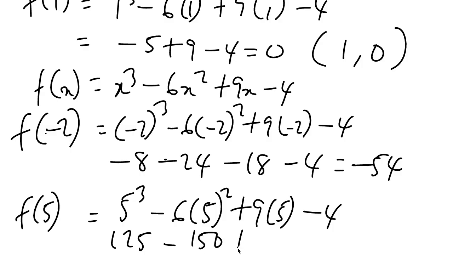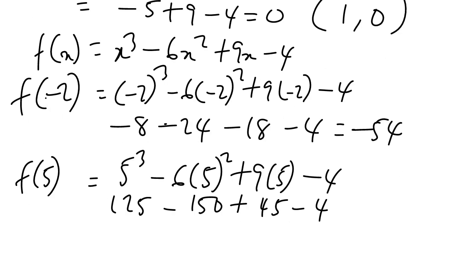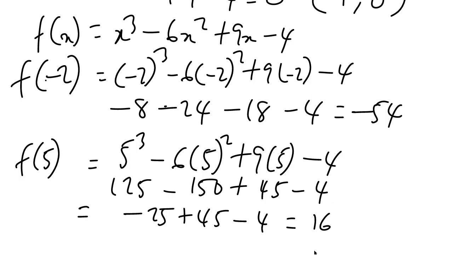And then plus 45 minus 4. And that will be 125 minus 150 is negative 25, right? And then plus 45 minus 4, and that will be negative 25 plus 45 is 20, because 45 minus 25 is 20, right? So 20 minus 4 is what? 16.